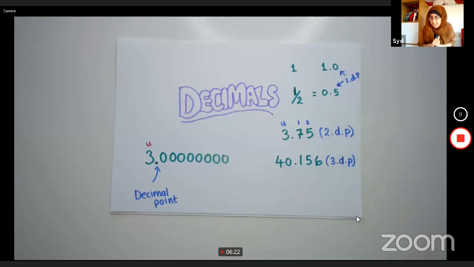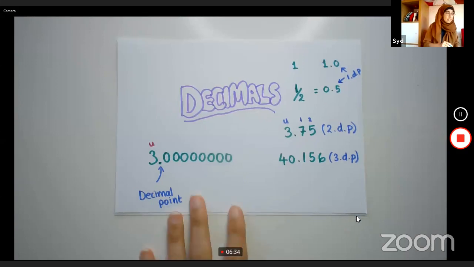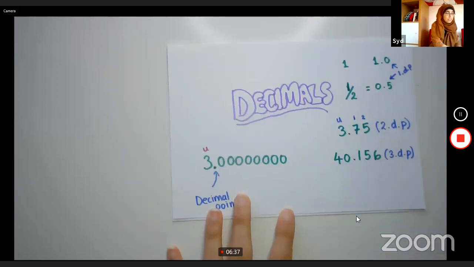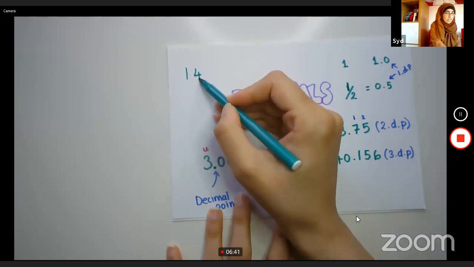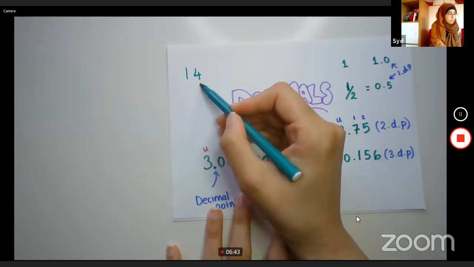Now, when we come to adding decimal places, there's a little trick you need to know, okay? So if we were to add a number, what would we normally do? So we've been doing this in our maths camp. We've been adding numbers together. So when we add a number together, what we do is we line up the units.